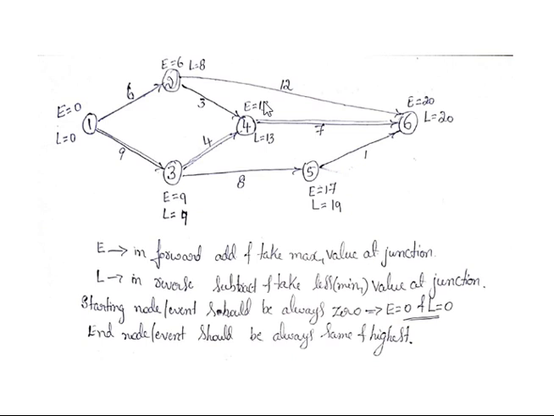The bigger value is 13, so we write 13. Similarly here, 9 plus 8 means 17, and 6 plus 12 means 18. Then 13 plus 7 means 20, and 17 plus 1 is 18. So the E values are 18, 20, 18, and the bigger one is 20. So the E value becomes 20.